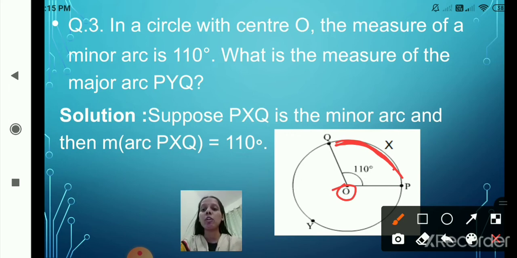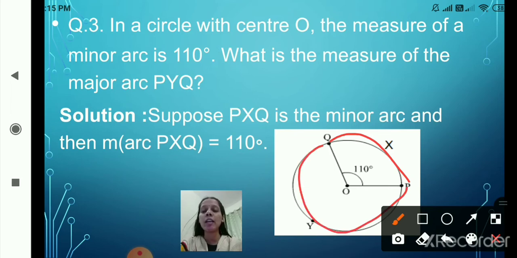So first we will draw the circle with center O. Then here we will draw arcs, that is arc PXQ, which is the smaller arc, the minor arc, and then PYQ, which is the bigger arc, the major arc. The measure of this minor arc is given as 110 degrees.